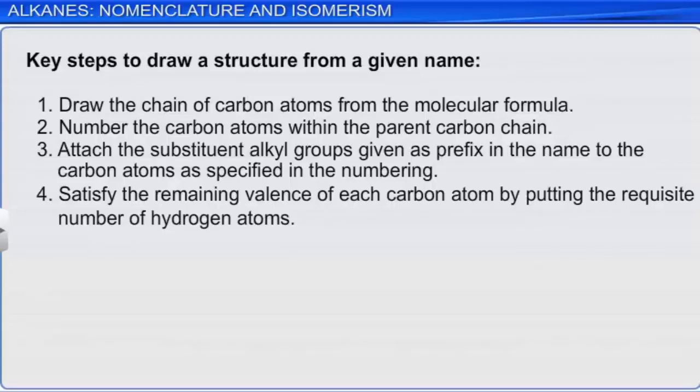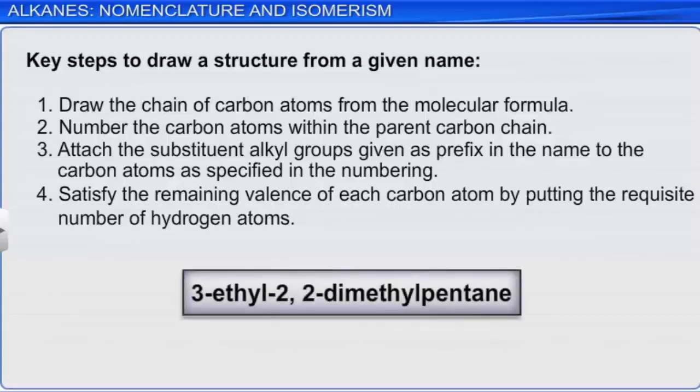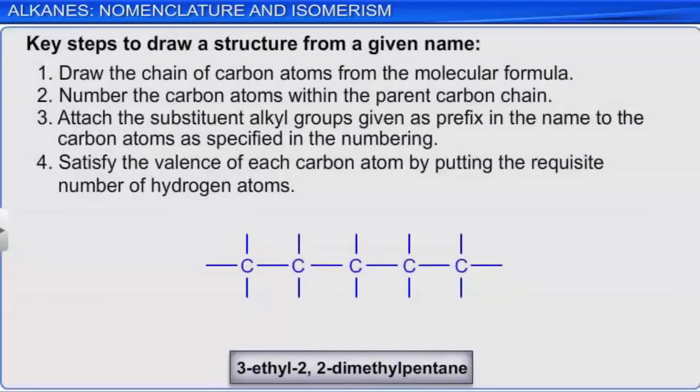Let us now try and draw the structure of 3-ethyl-2,2-dimethylpentane. First, from the base name, pentane, we can deduce that the parent carbon chain contains 5 carbon atoms. Second, number these carbon atoms.